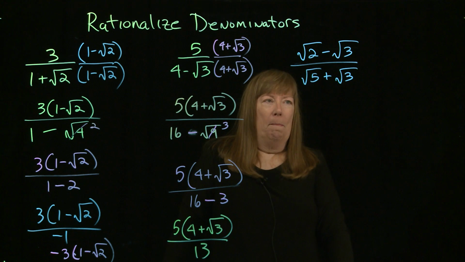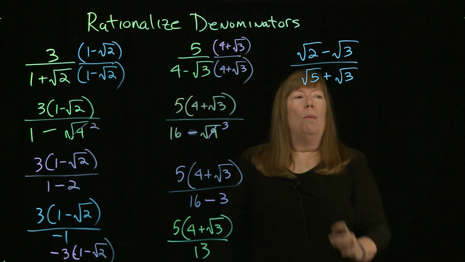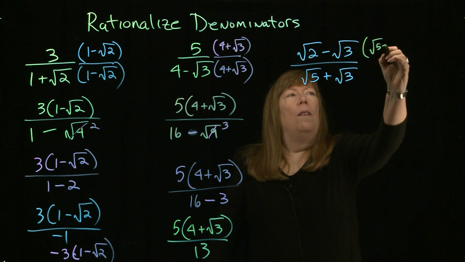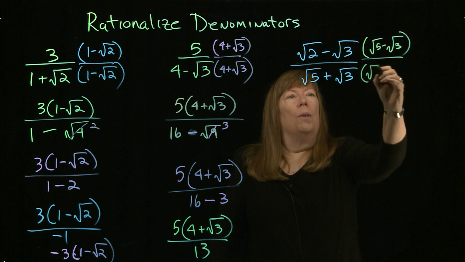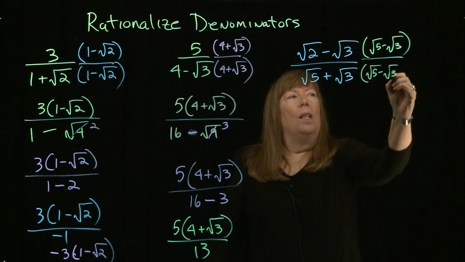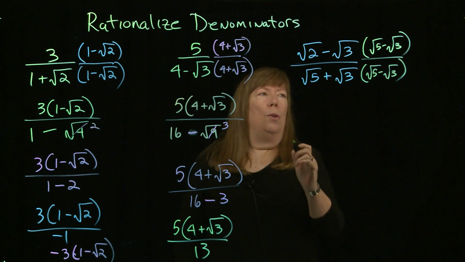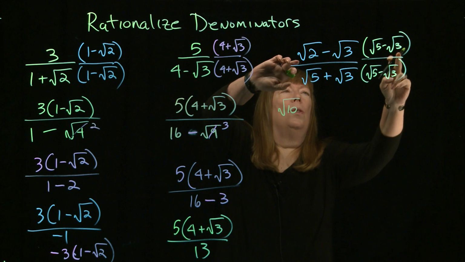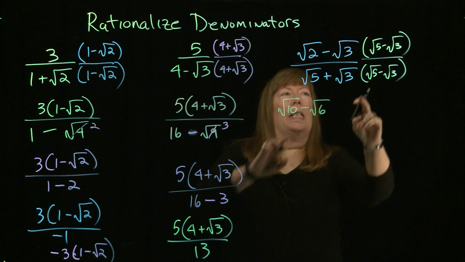Okay, one more. This one, still going to multiply by the conjugate, is going to be square root of 5 minus square root of 3 over square root of 5 minus square root of 3. All right. FOIL. Square root of 2 times square root of 5 is square root of 10. Outsides. Square root of 2 times negative square root of 3, negative square root of 6.